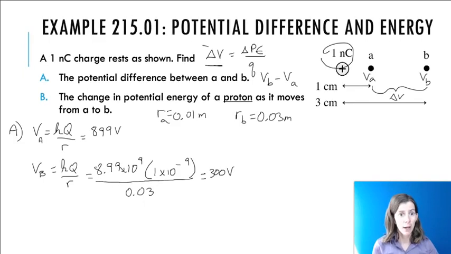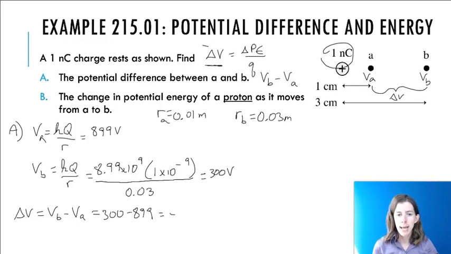So now to find the potential difference between the points, the delta V, we're going to do VB minus VA. It's going to be 300 minus 899. So it's going to be negative 599 volts.